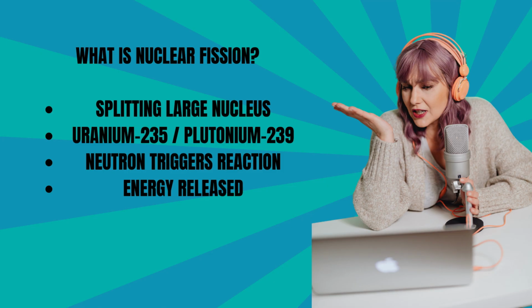Because the nucleus is already very large, it can't hold itself together, so it splits apart. When the nucleus splits, two important things happen at the same time. First, a huge amount of energy is released, and second, more neutrons are released. And those extra neutrons lead to something very important, which is called a chain reaction.